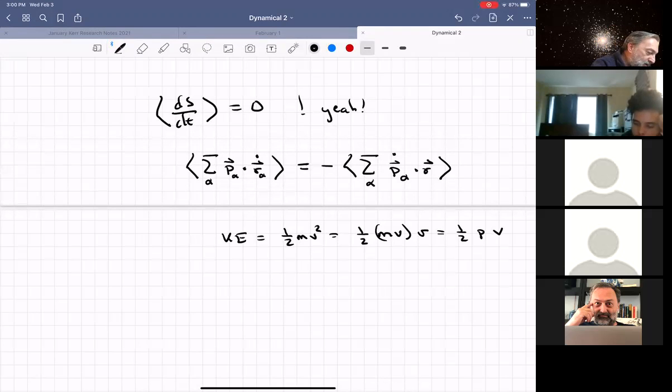So what I have over here on the left is actually twice the kinetic energy. On this side, what I have is the sum of the kinetic energies.